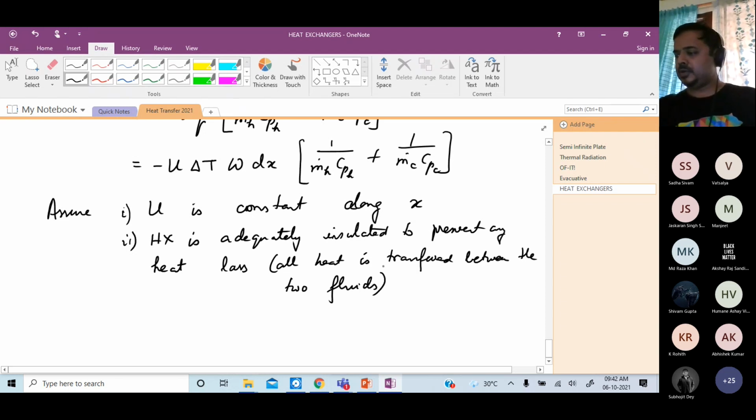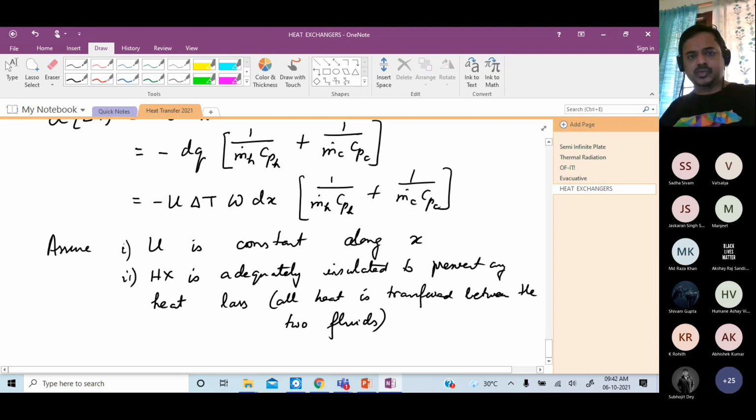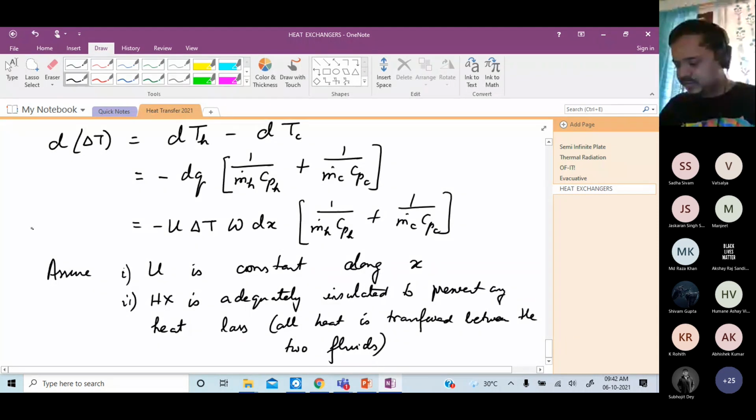Correct. So what I will do now is try to integrate this. Okay, so what I would like to do is look over here. I have d delta T. Let's write it here again.